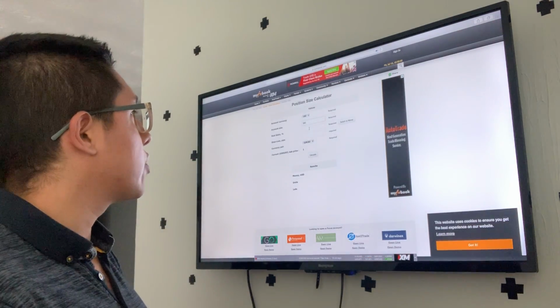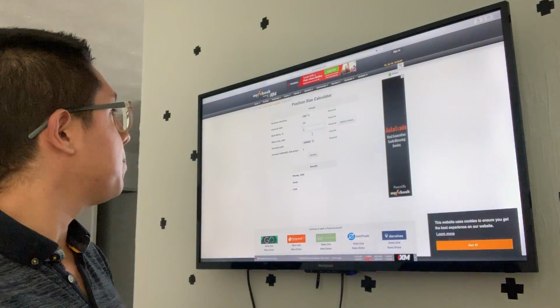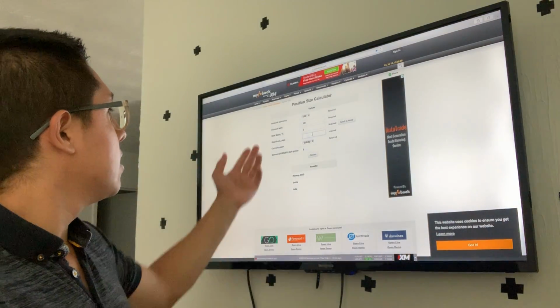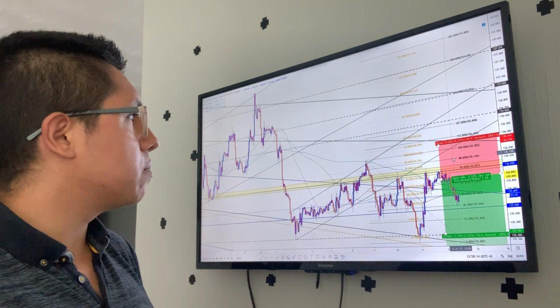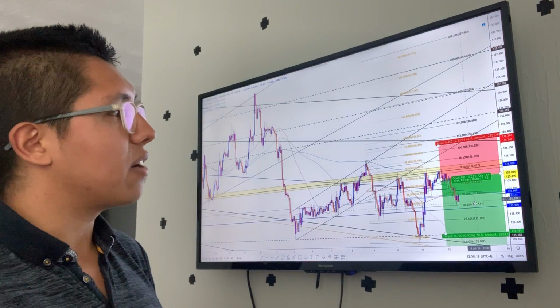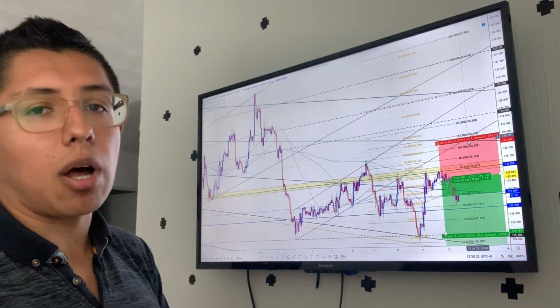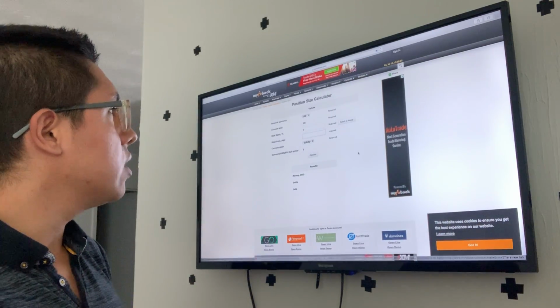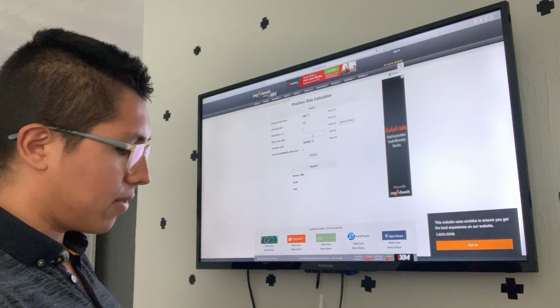So I have $500. Let's say I want to risk 2%, as I said, and the stop loss, where is my stop loss going to be put? At 45 pips. So I want to gain 45 pips, 40-ish in here, and 45 pips stop loss. So it's a one-to-one ratio. I risk the same as I gain, just to give an example.